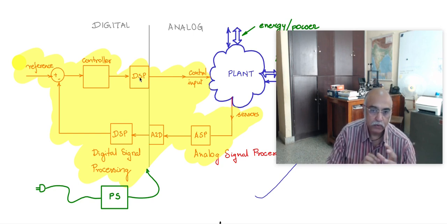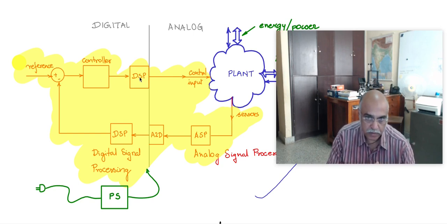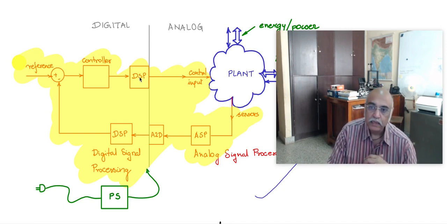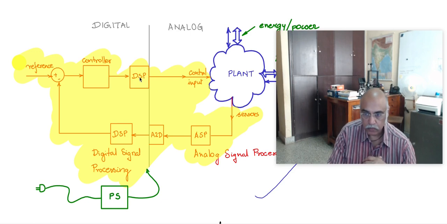So this is how most of the electronic systems will behave, and the focus of this topic right now would be how to handle the signals in the digital domain. So therefore, this topic of discrete essentials.